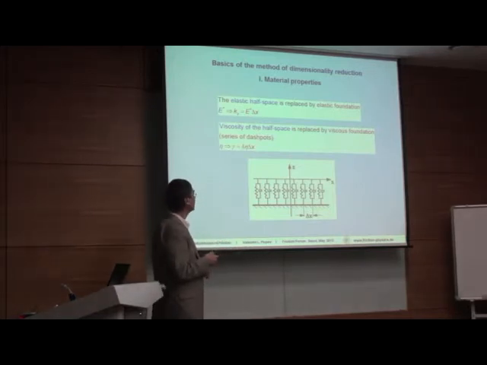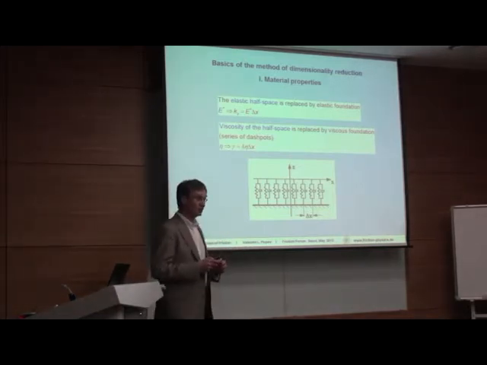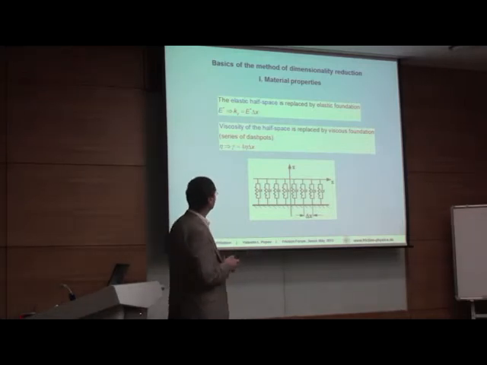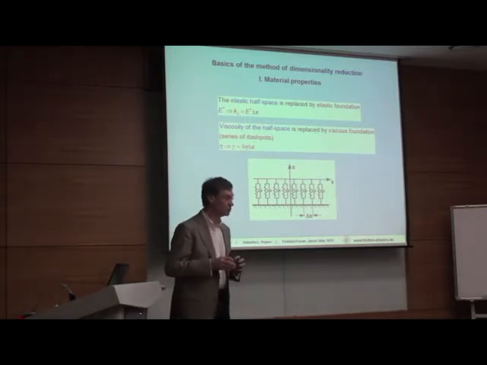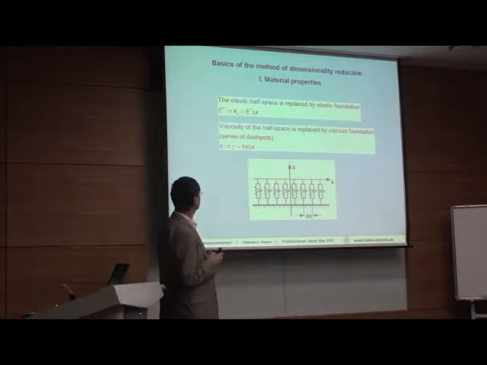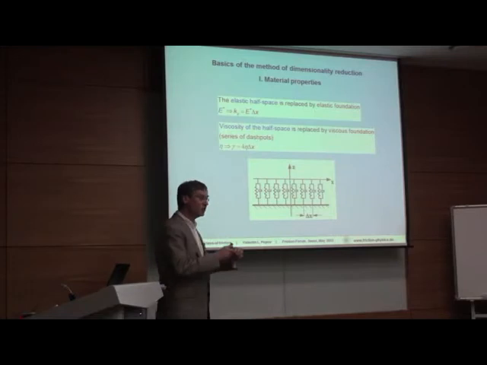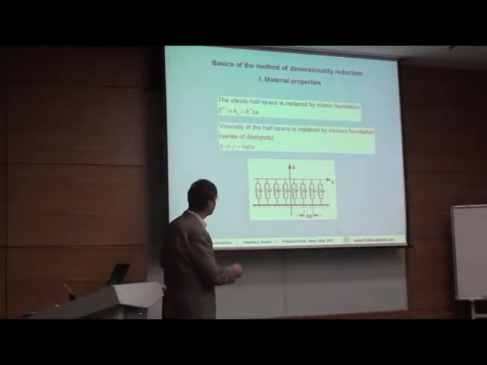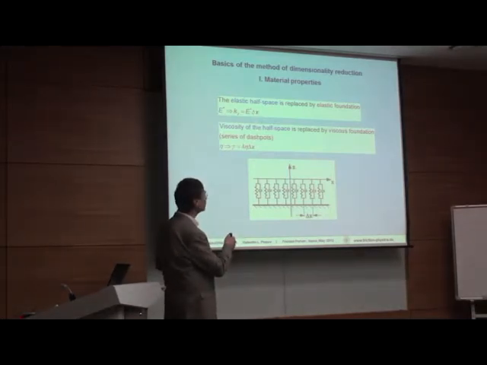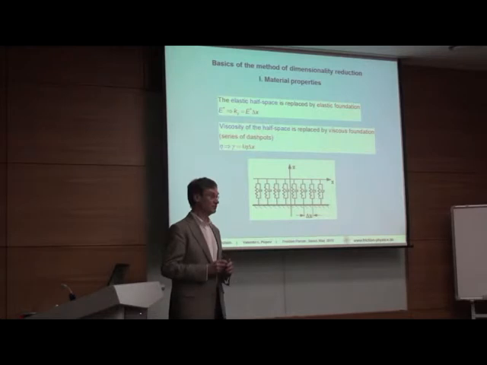If you have, for example, an elastic continuum half-space, then there is an effective elastic modulus E divided by 1 minus the Poisson ratio squared, and this half-space has to be replaced by a one-dimensional series of springs with stiffness, which is just this effective coefficient multiplied with the spacing.